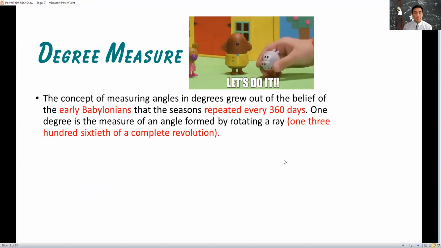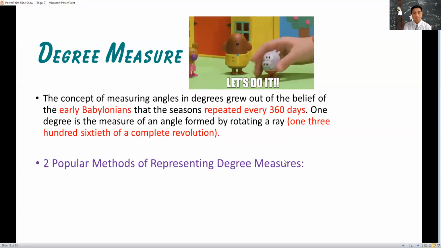So the concept of measuring angles in degrees grew out of the belief of the early Babylonians that the seasons repeated every 360 days. So this is their belief. They believe that 1 year is 360 days. And 1 degree is the measure of an angle formed by rotating a ray, which is 1/360th of a complete revolution.